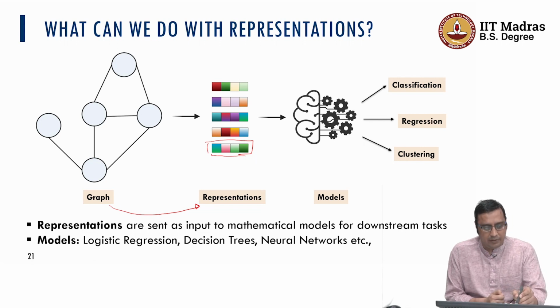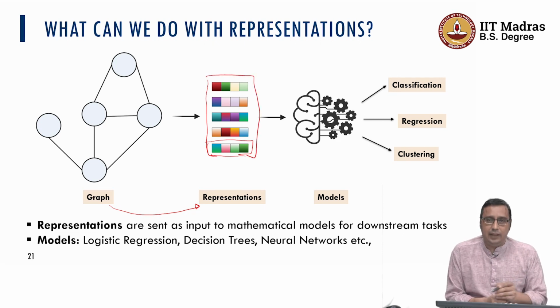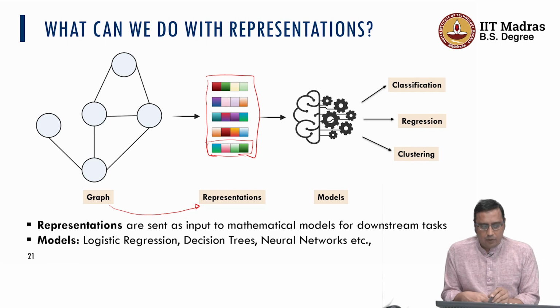In this case, I have represented each node in a graph as a vector, and we'll see in some of the tasks, when we talk about graph neural networks, that this will be followed by certain other functions which provide us a feature for a graph, but for a while we'll look at only nodes as embedding, and once we have nodes as embedding, we can use this representation to perform classification, regression, or clustering tasks using different kinds of models.